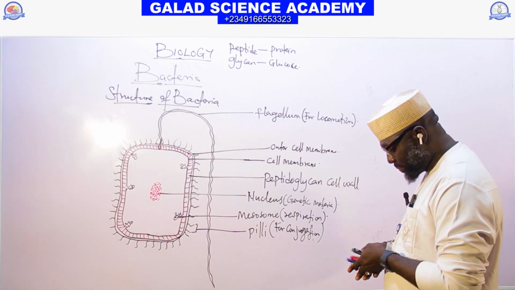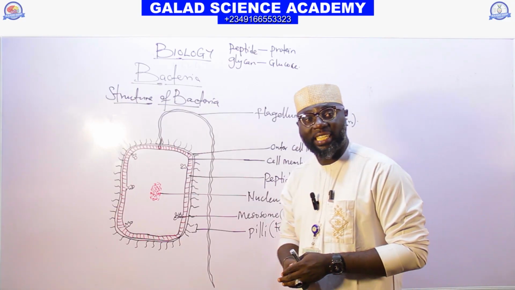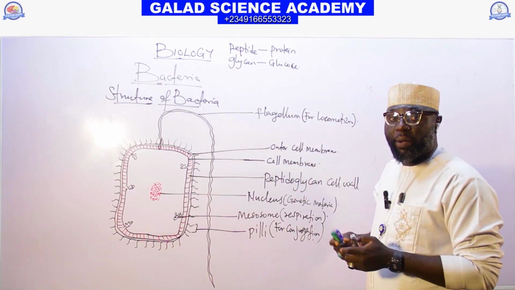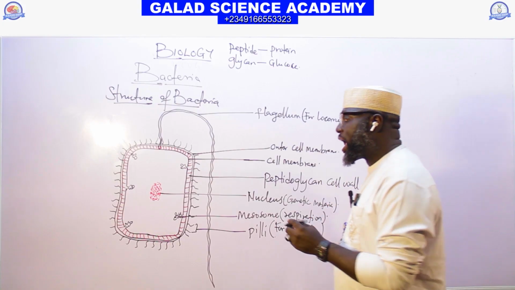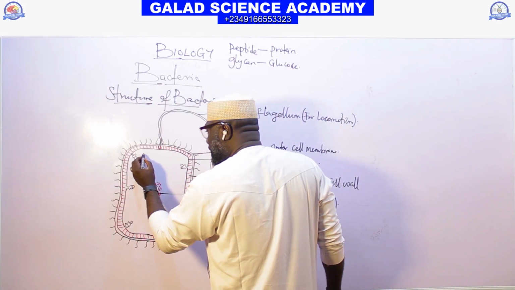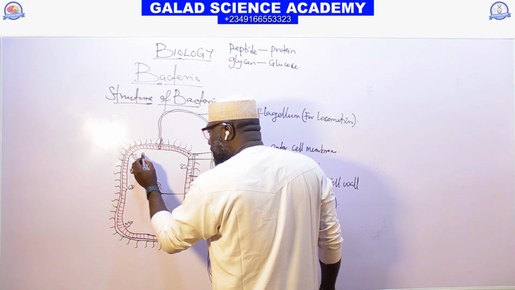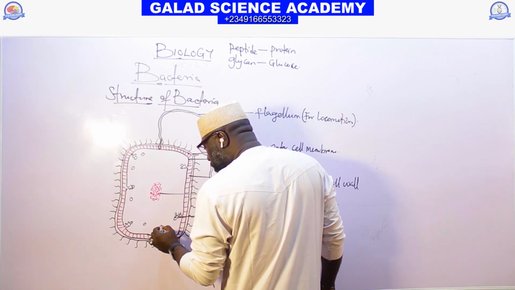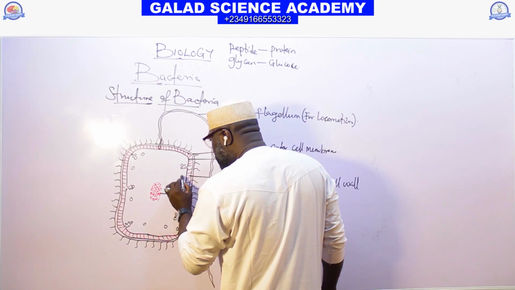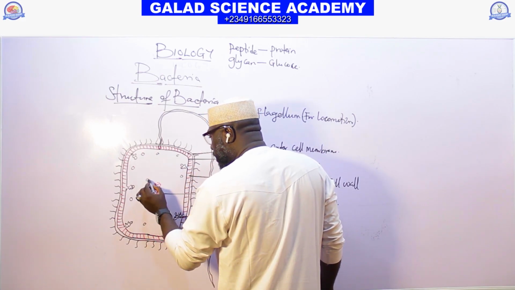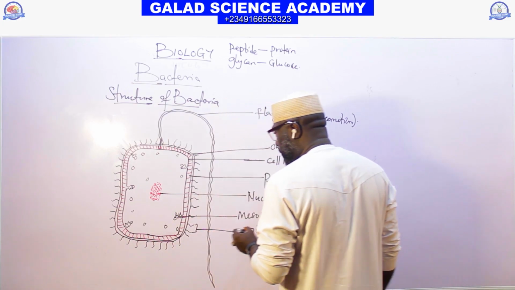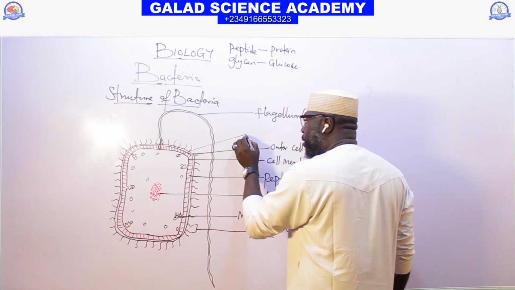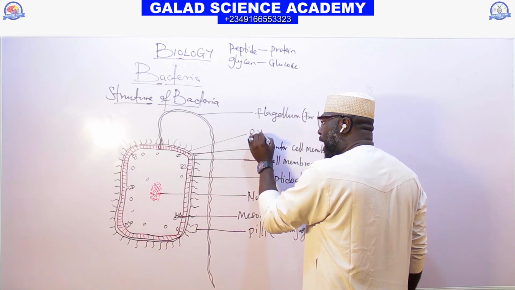And again, bacteria lack double membrane organelles, but the only organelle we have in bacteria is ribosome. There are many ribosomes inside the bacteria.